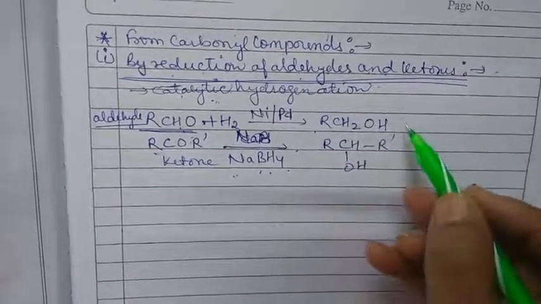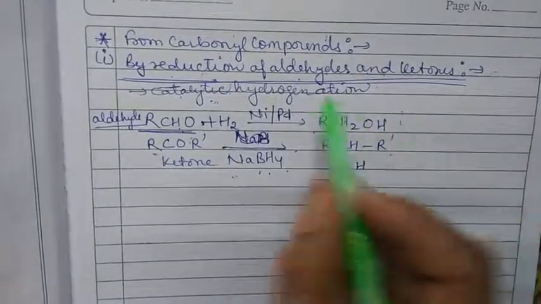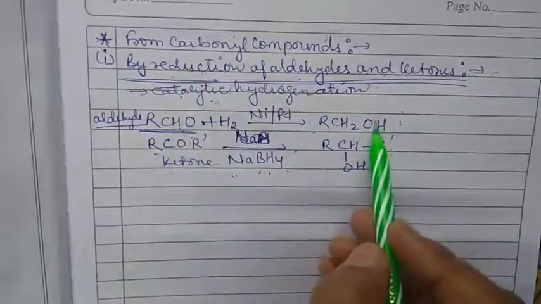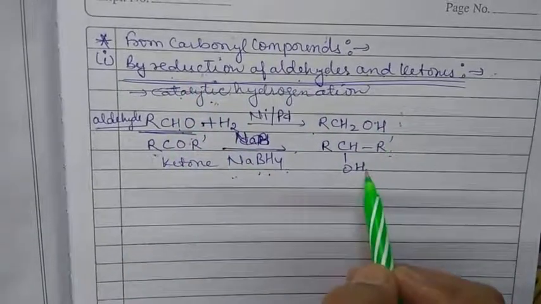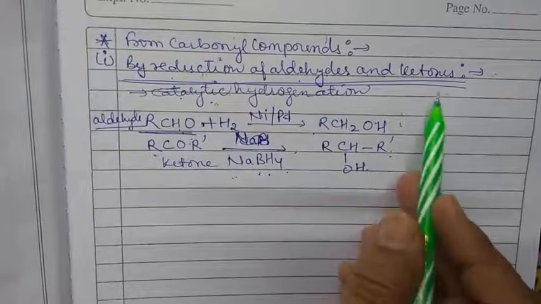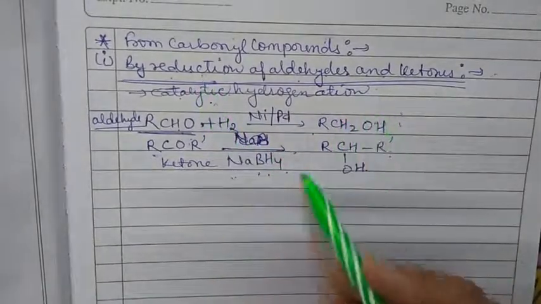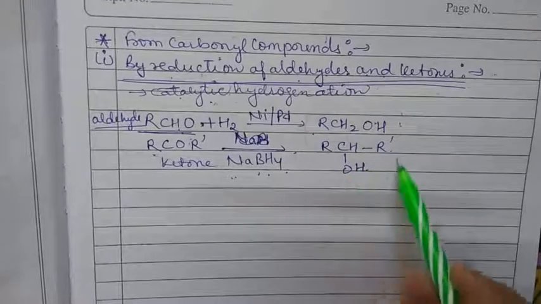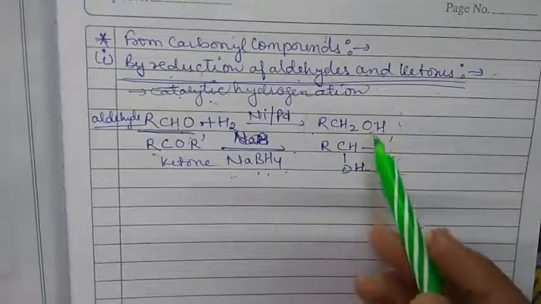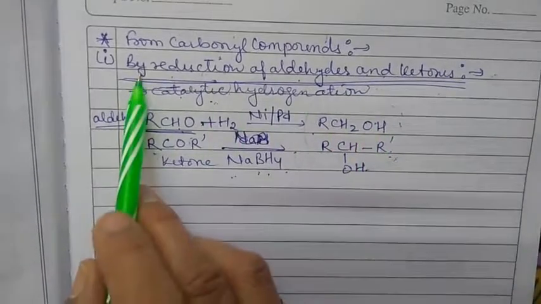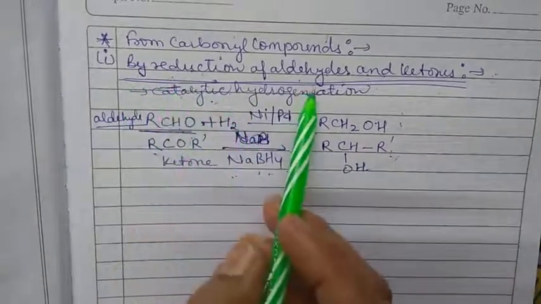Now these both are the result of the reduction. This is the reduction of aldehyde and this one is the reduction of the ketone. When the reduction of aldehyde and ketone takes place, we get the alcohol. These both are alcohols. So this is called the reduction of aldehyde and ketone.